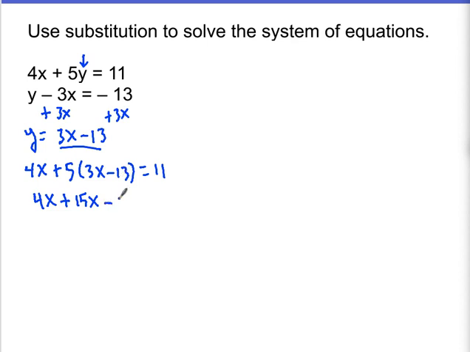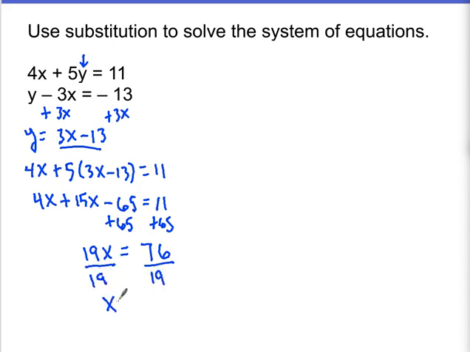So minus 65 equals 11. I'm going to add 65 to both sides. 4x plus 15x is 19x equals 76. Divide by 19, and x is 4.